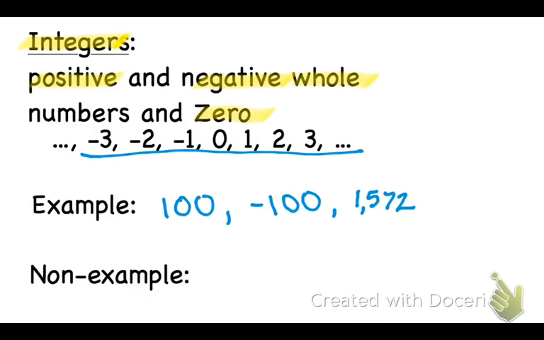But what is not an integer is 1/2 or negative 1/2, because those are not whole numbers. Another example of not an integer would be 0.2 or 200.4. Also not an integer. So pause the video, write those things down.